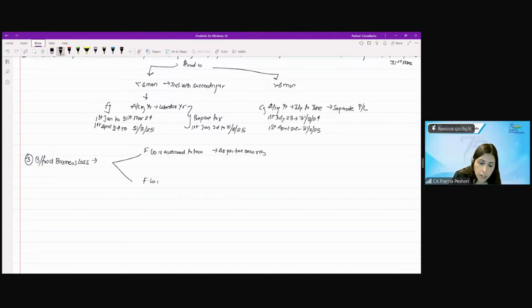If the foreign company is not assessed to tax, then as per the books of account. What additionally I discussed with you regarding the allowability of the brought forward business loss and unabsorbed depreciation? What were the two additional points that we discussed? What is the period for which you can carry forward the brought forward business loss?